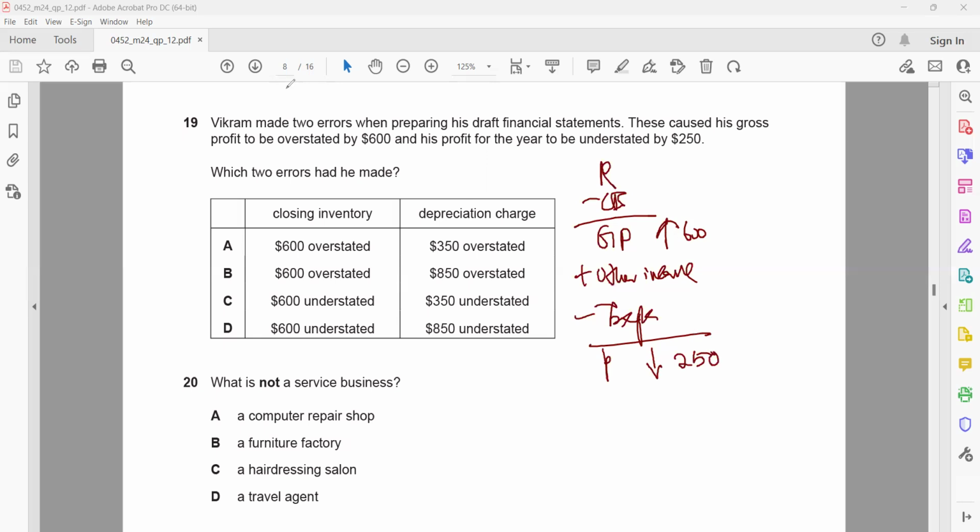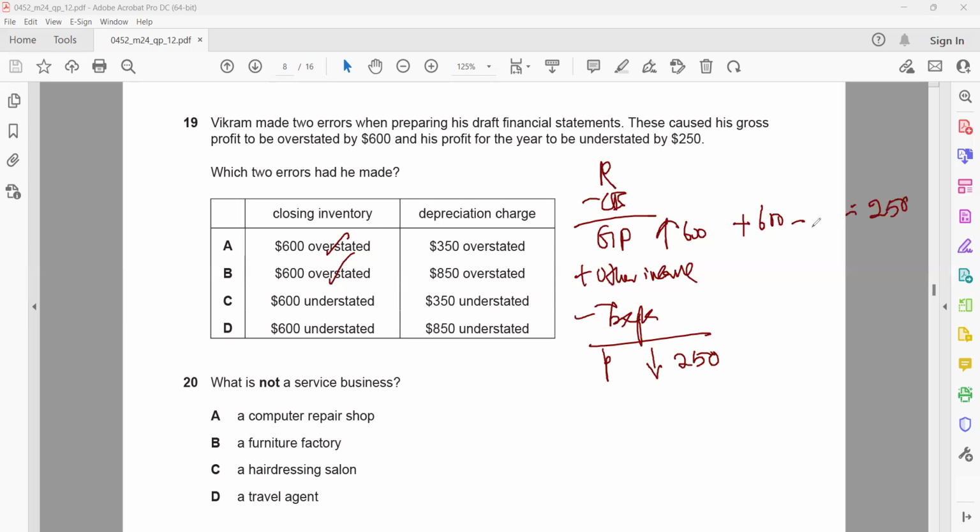So see which one is related. Closing inventory: when closing inventory is overstated, gross profit will be overstated. So we should choose A or B. Whereas depreciation charge is now the profit understated. So here is a plus 600, minus or plus. So this one reduced by 250.